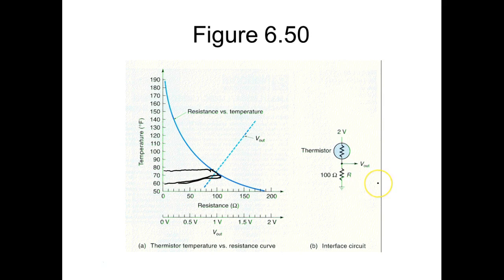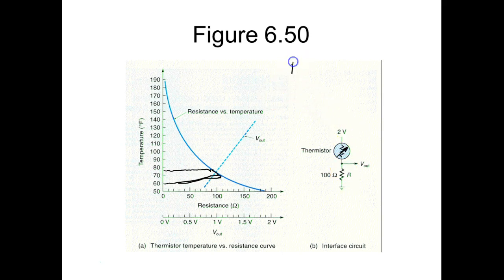Of course, we have to convert it to volts. You understand that? What's the way we normally convert something that varies its resistance with temperature? One way is to put it in series with a fixed resistor. Here the fixed resistor is on the bottom.